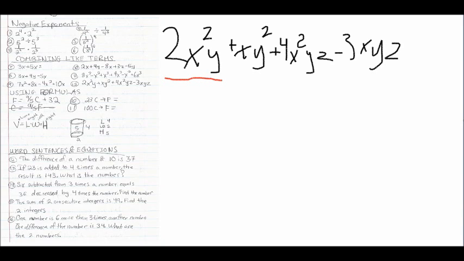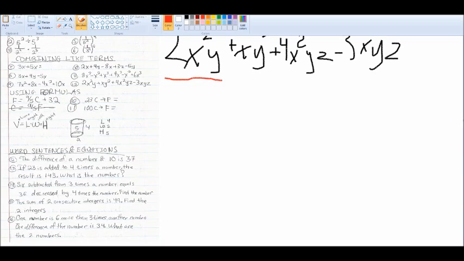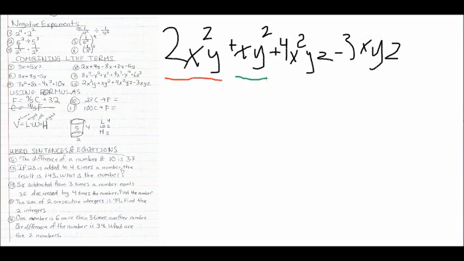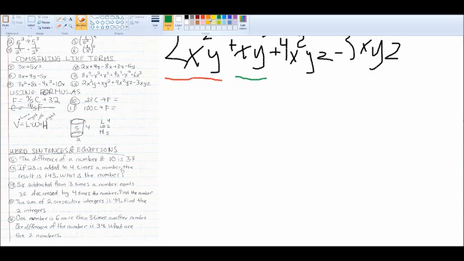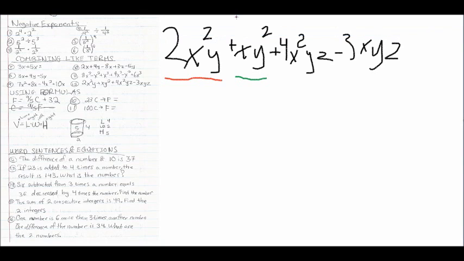Well, maybe I can color code it, make it easier for us. So x squared y, well, this is 2x squared y, and I do not see another x squared y. I do not see another xy squared, so we'll just leave that. Now we have this xy squared, and I do not see another one.